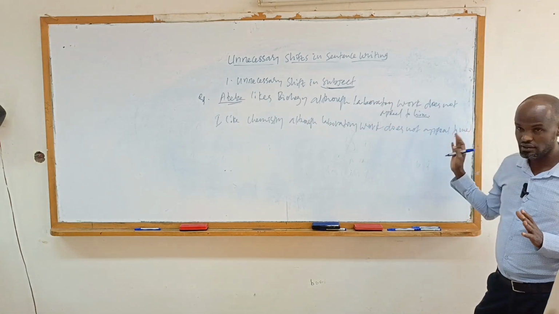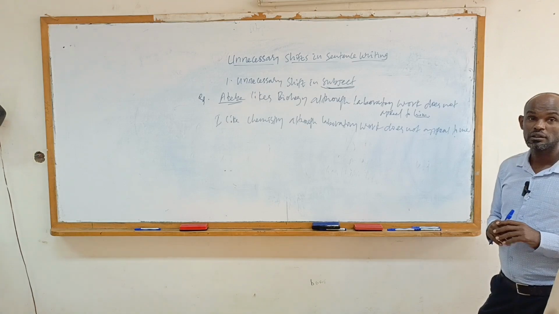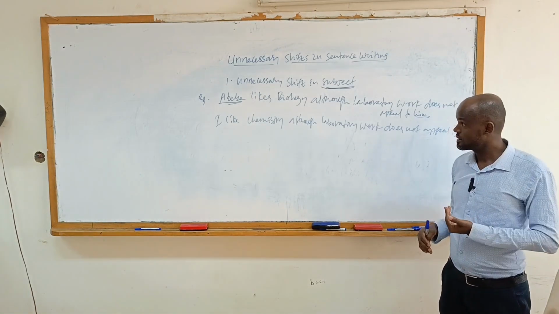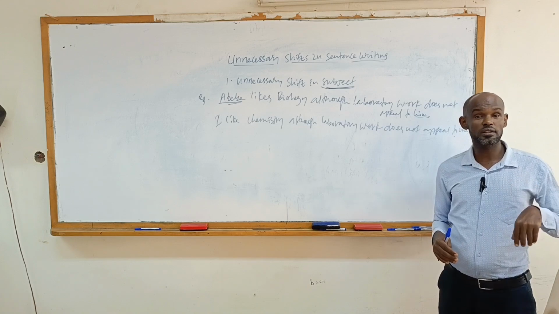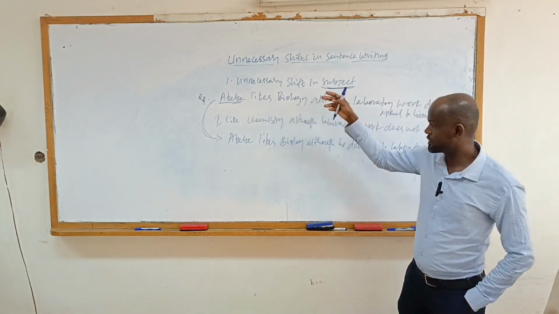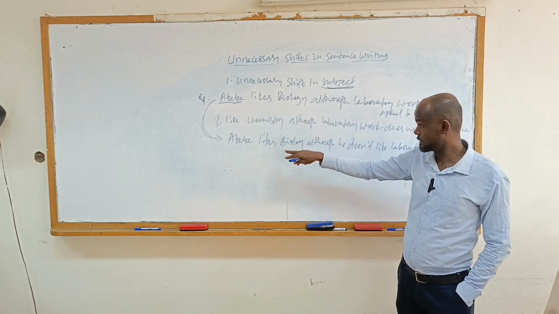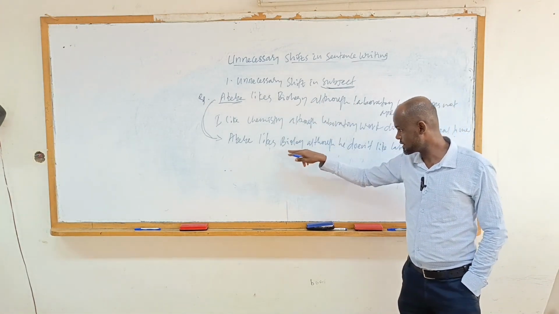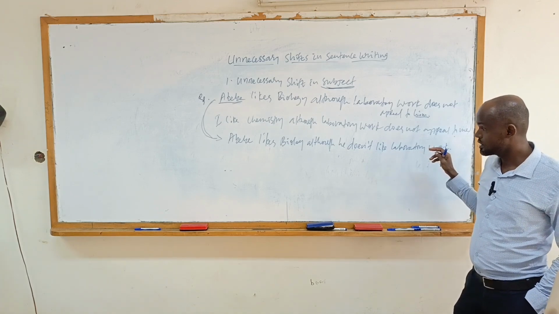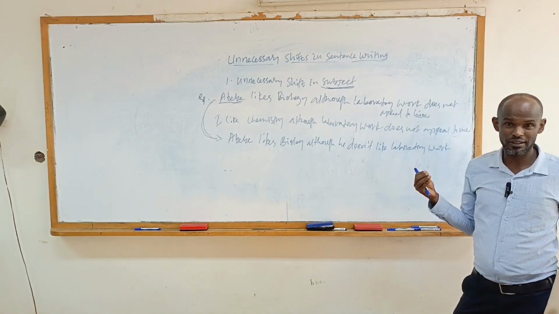Any reader can understand this sentence, but we should have preferred the easiest way, the way that can contribute to the reader to understand our sentence easily. For example, look, the correct version of the former sentence is this one. Ababe likes biology, although he doesn't like laboratory work. So which one is easier for the reader to understand?